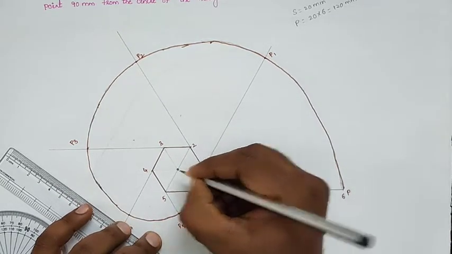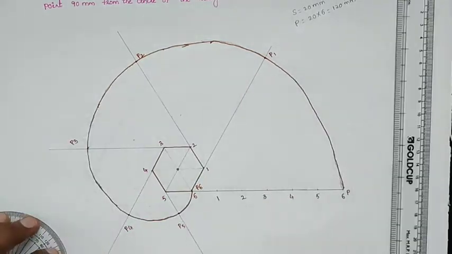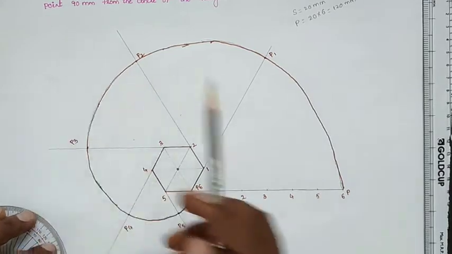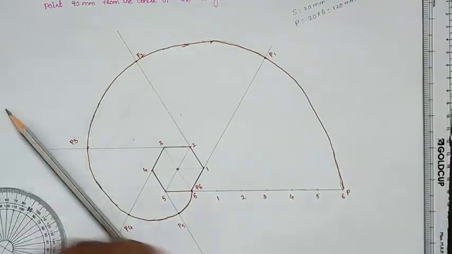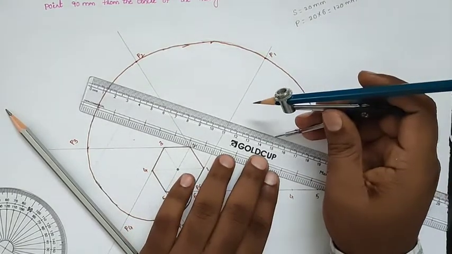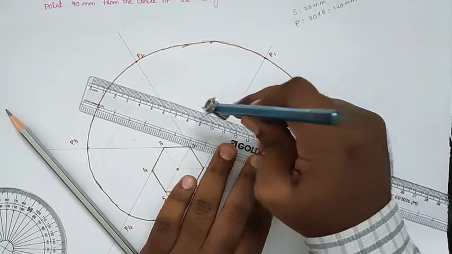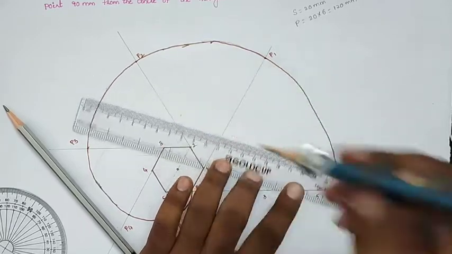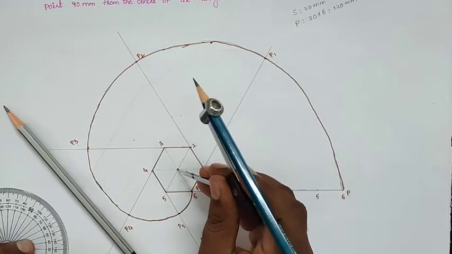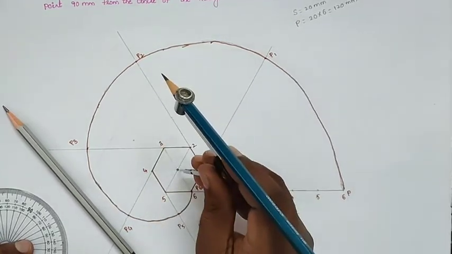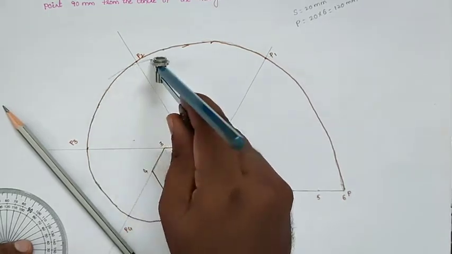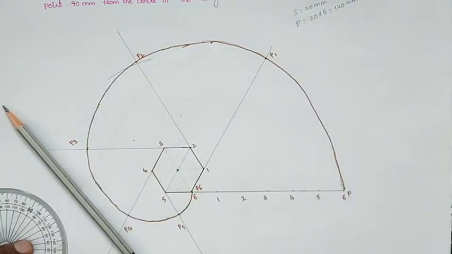They are giving the distance we can follow: draw a tangent and normal to the curve at a point 90 mm from the center of the hexagon. From the center of the hexagon you can take 90 mm. So I am taking 90 mm distance from the center and drawing an arc on the involute like that.